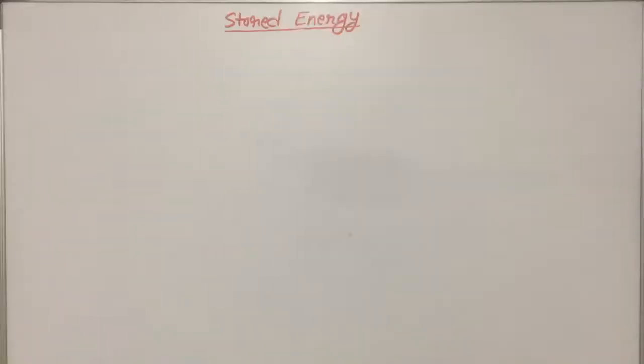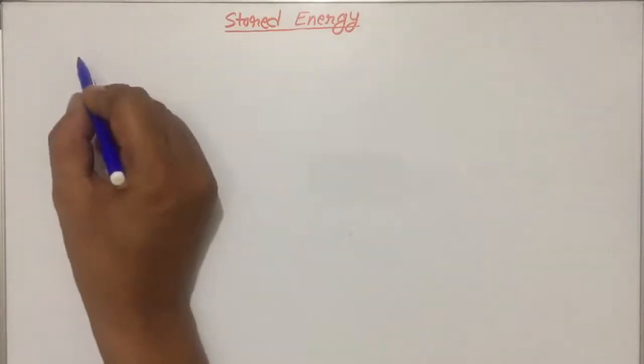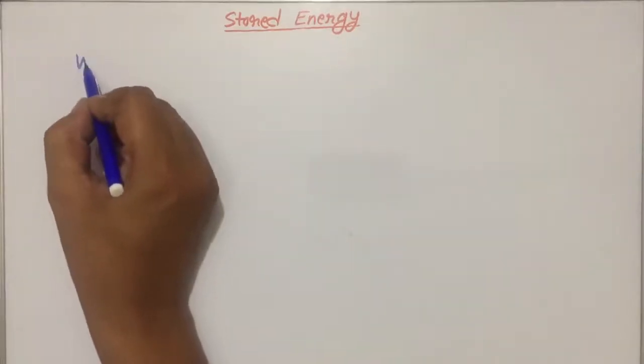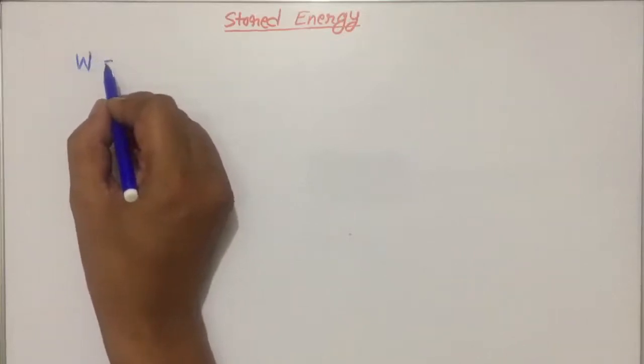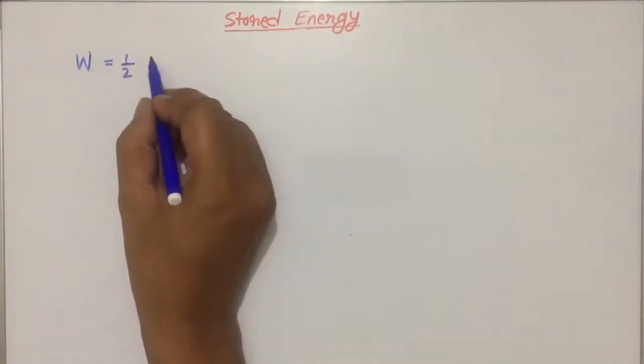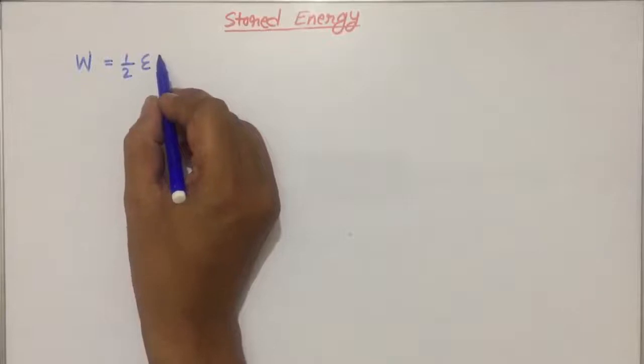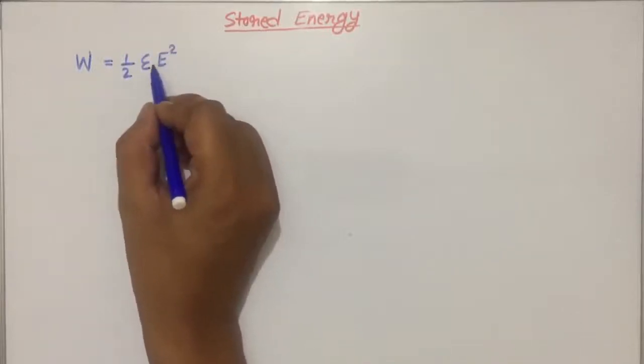Thank you. Now let us discuss the energy stored in the capacitor, the capacity of the capacitor to store energy. For that purpose, we know that energy density can be written as half epsilon E square.